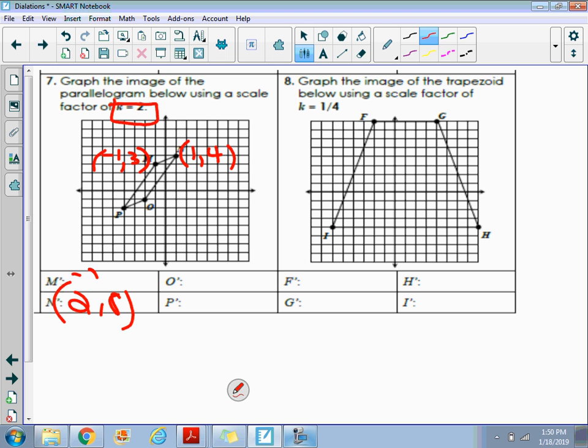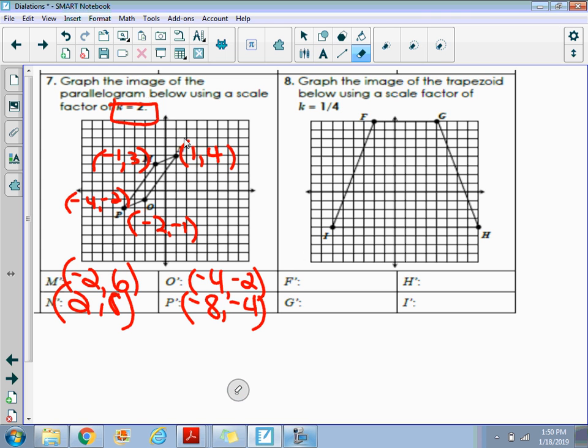So that would be, that's why you guys were saying negative 2, 6. Good. O would be negative 4, negative 2, and then P, 3, 4, so it's negative 8, negative 4.